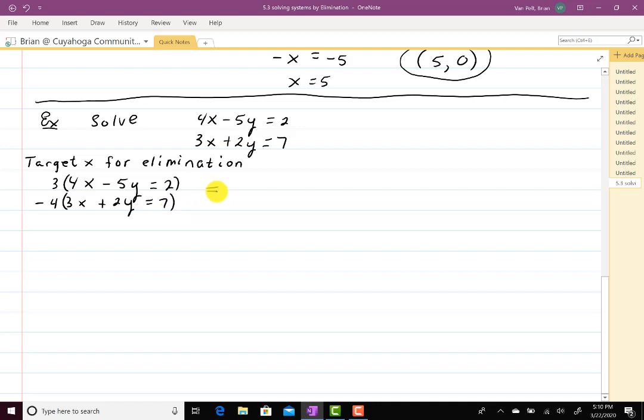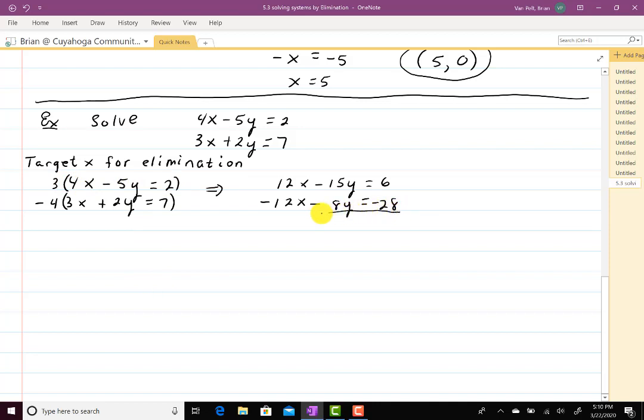Now what do these become? The first one becomes 12x minus 15y equals 6. The second equation becomes negative 12x minus 8y equals negative 28. Make sure when you multiply this through, you multiply it through all three pieces of the equation.